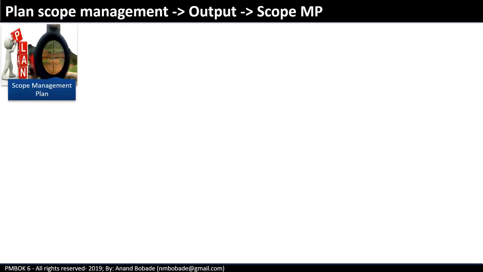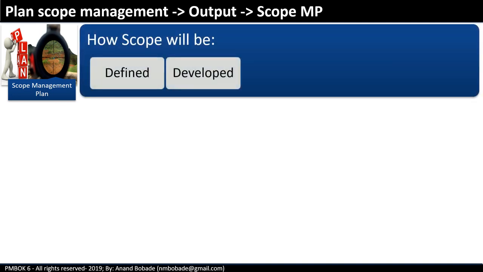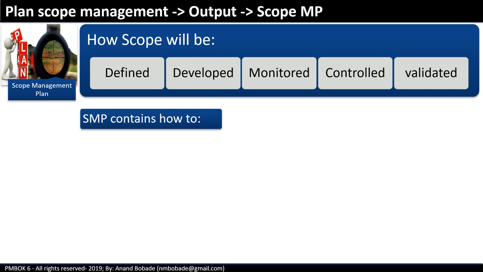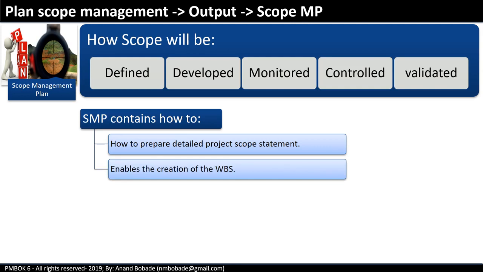Scope management plan. The plan shows how the scope will be defined and developed in the planning process group and how it will be monitored, controlled and validated in the monitoring and controlling process group. The components of the scope management plan include the process for preparing a project scope statement as a part of the define scope process, and the process for enabling the creation of the work breakdown structure from the project scope statement.